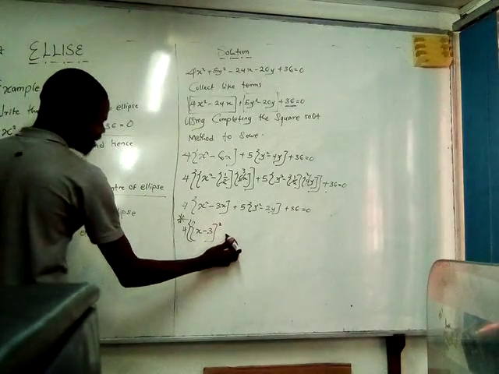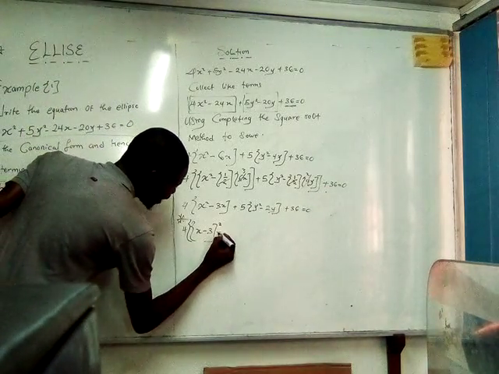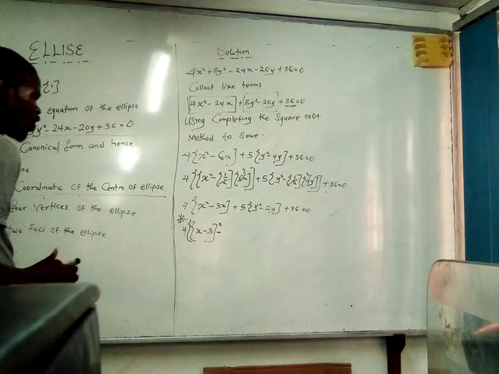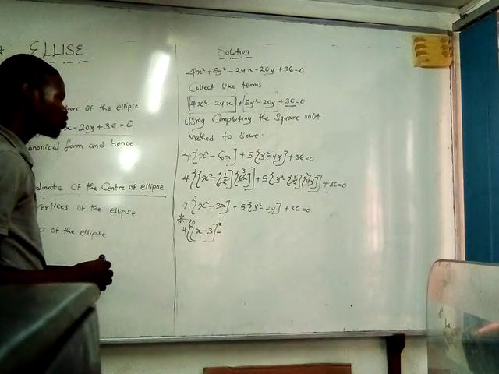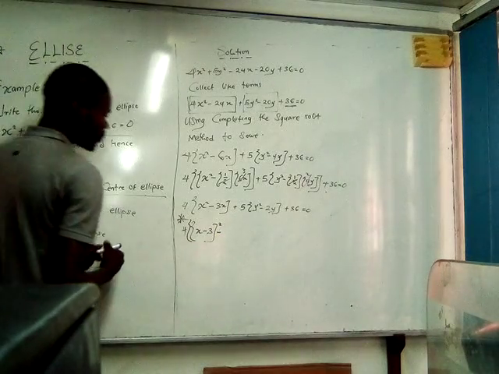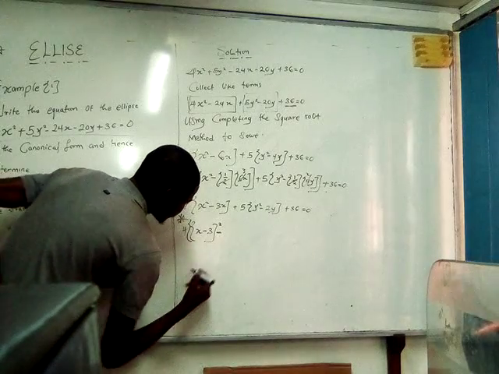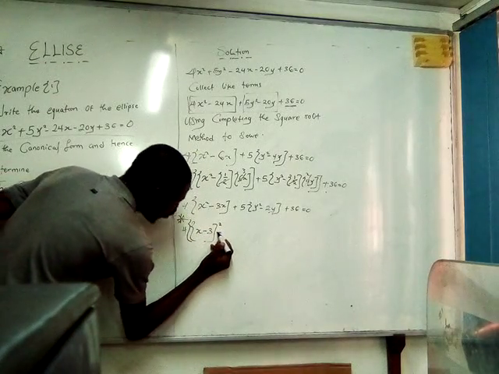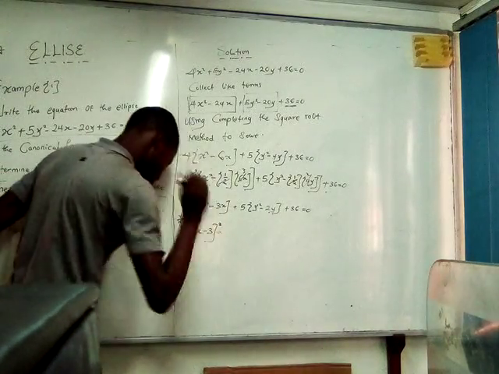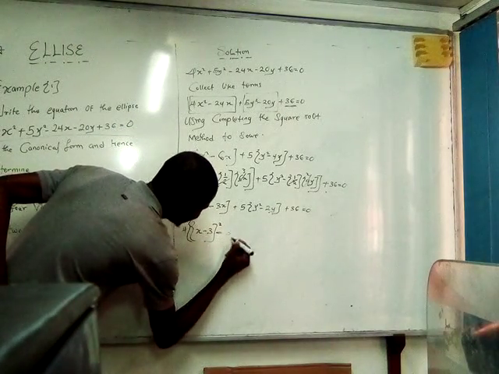Take note of this step. This place is always minus the constant. When you are applying the completing the square method, if it is plus here, you always put minus outside, which is the constant. You are going to have 3.